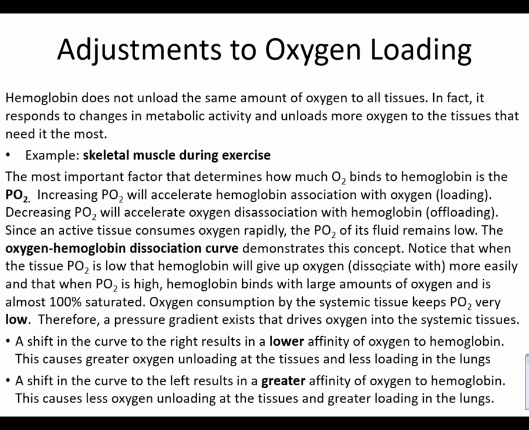Okay, it's important to understand that our body's going to dump oxygen to the places that it needs it the most. So our hemoglobin will unload in tissues that need it more, like our skeletal muscle during exercise.